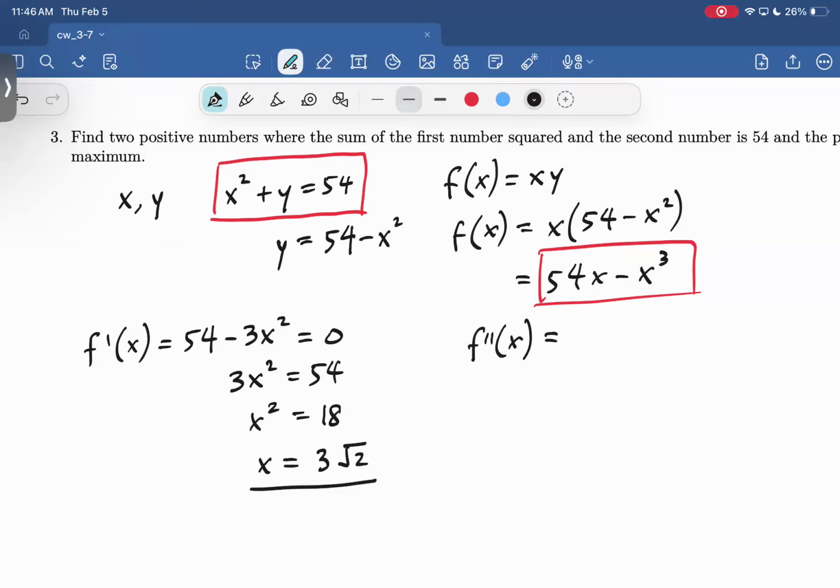And so the second derivative is negative 6x. We're going to plug in our critical point, which is 3 root 2. And this is obviously negative. And so, yay, we have a maximum.